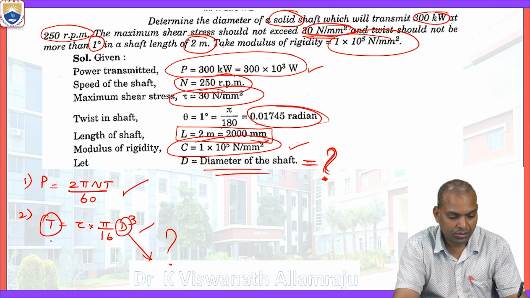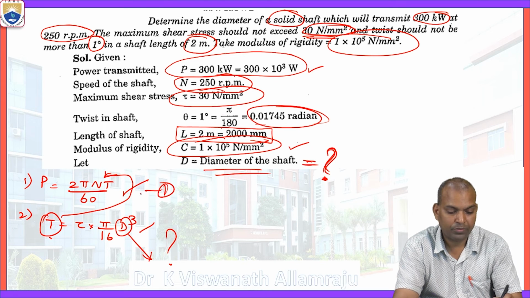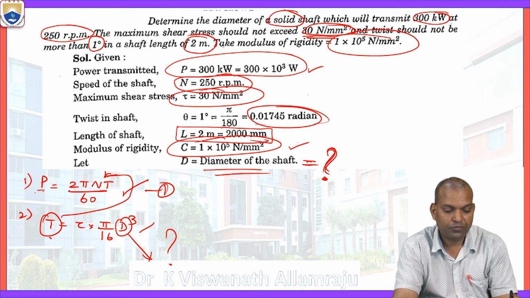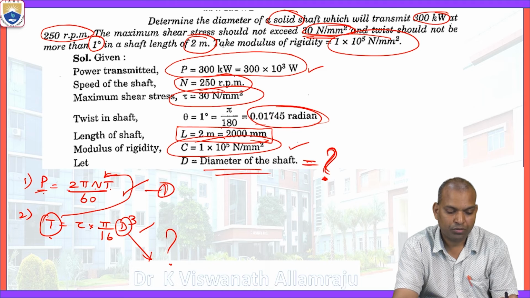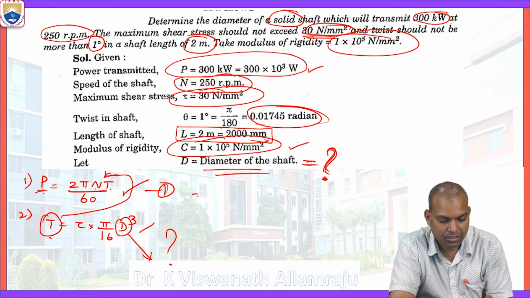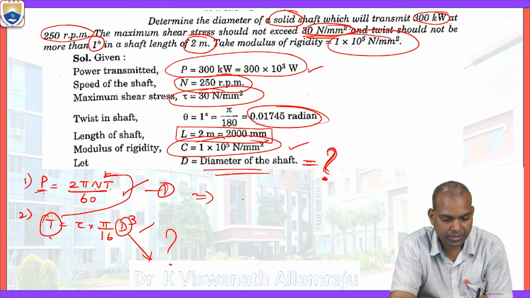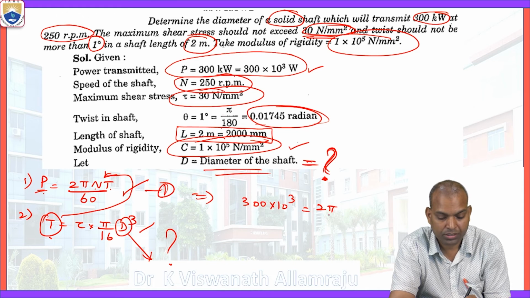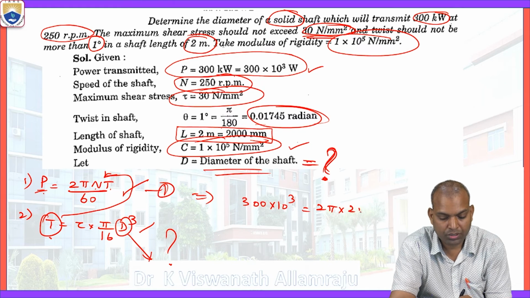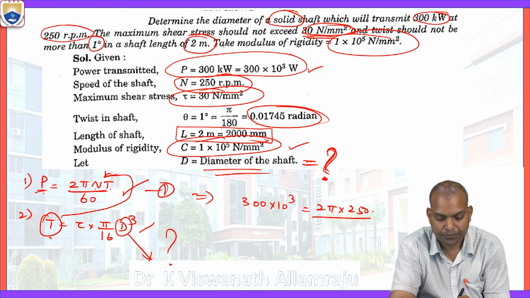Now by using these two formulae we can find out the diameter, which is unknown. But here the unknown is also the torque. The torque will come from formula 1. So from this formula 1, torque T is the unknown, power P we know, N we know. So substitute the power P, that is 300,000 watts. 2 pi N, where N is 250 revolutions per minute, T by 60.